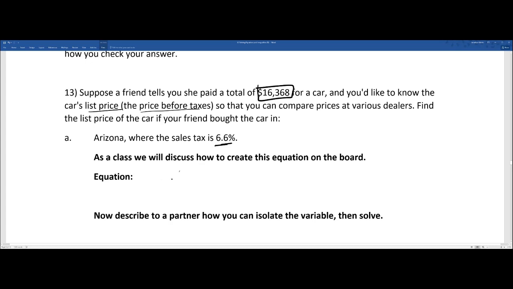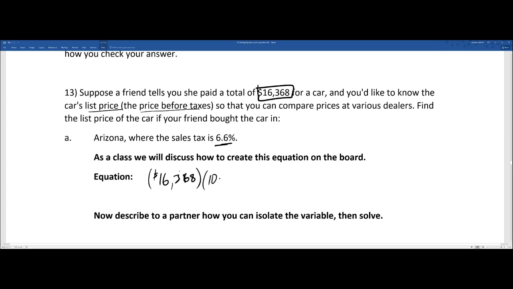Well, we know that your friend here paid $16,368 on a car. Well, she also had to pay 6.6%, and that's 106.6% of the original cost, but we're looking for the original cost before taxes.